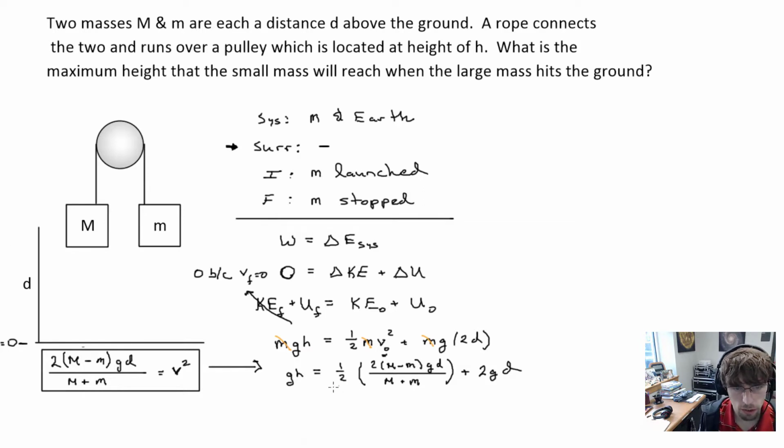Of course, now we see, oh, goody, goody, we can go even further. 2 cancels the 2. Swap to a different color. You have a g and a g. And so then the last thing I'll do, since we have what we want, h. Just for simplification, I'm going to take the second term. I'll multiply it by big M plus little m. So I'm finding a common denominator here.